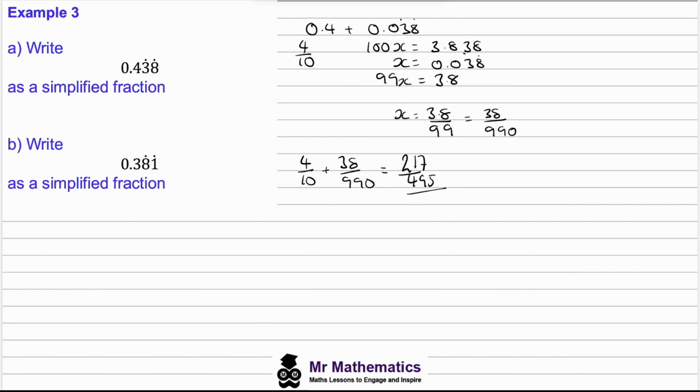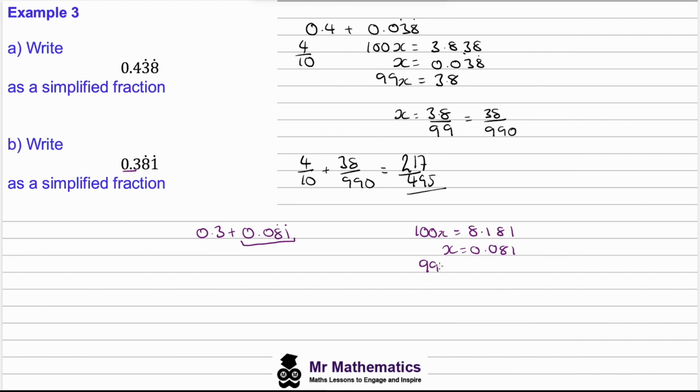How did you get on with that? In example B, we've got the 0.3 plus the 0.081 recurring. So if we let x equal this number, it recurs in the hundredths. So we'll get 8.181.